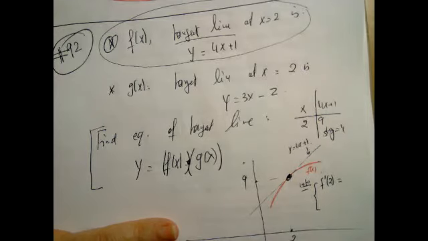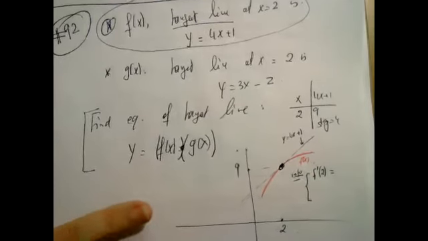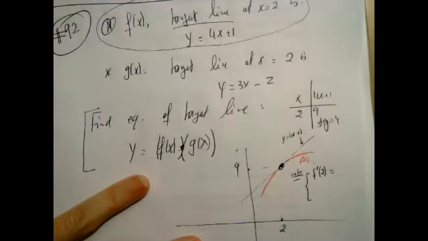So this line is the tangent line to the graph of the function at x equal to 2. What info does this give me about the function f? What is the derivative at 2? Remember the graphical interpretation of the derivative.